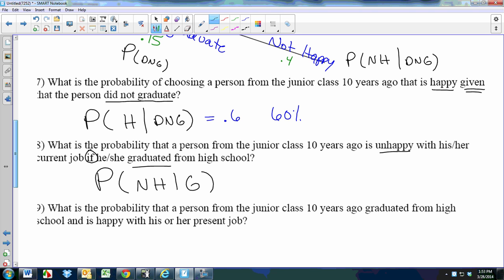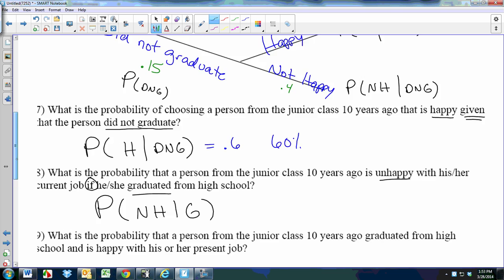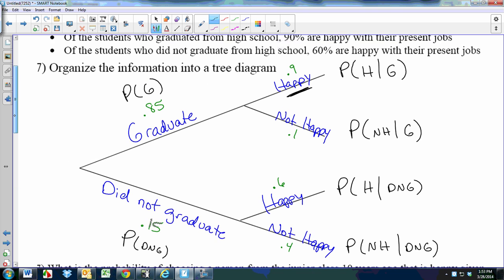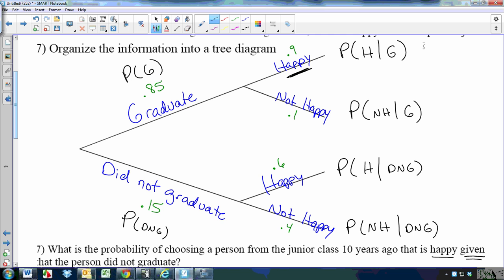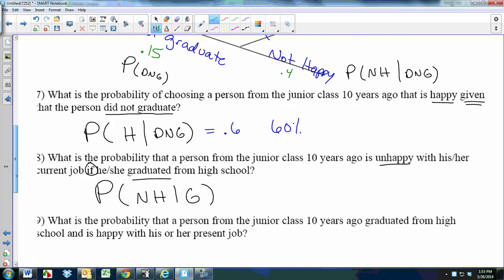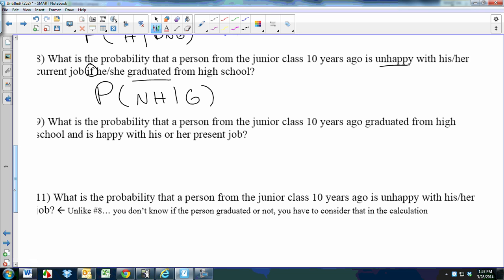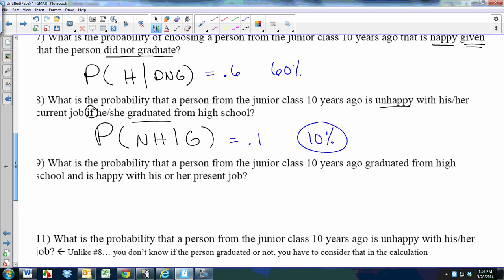Perfect. So then we look back to our tree diagram and we're hoping to see that somewhere. And it's up there, isn't it? It's that 0.1. Not happy, given that they graduated. So 0.1, 10%. All right, so those weren't too bad. 60%, 10%.